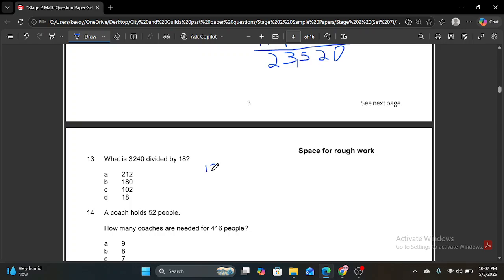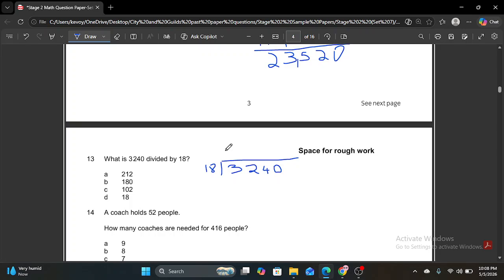So 18 divided into 3,240. Okay, so let's go. How many times can we get 18 from 32? Anybody?